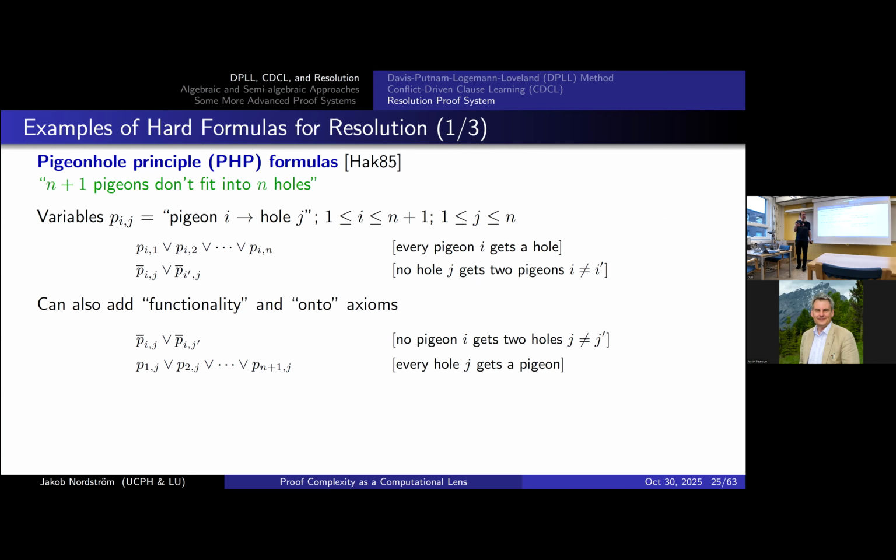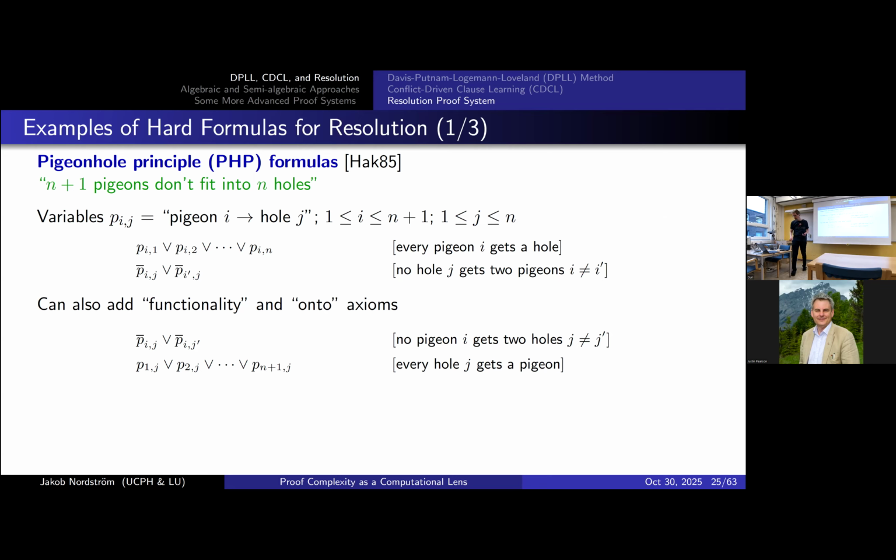Except that we want to do proofs of unsatisfiability, so we'll write down the CNF formula that says that this works perfectly fine. Every pigeon i gets a hole j, this is what this clause says, and then for two pigeons i and i prime, we don't want them to be in the same hole j. If you generate these two kinds of clauses, the pigeon axioms and the hole axioms, that's already claiming that there is a mapping of n+1 pigeons into n holes.